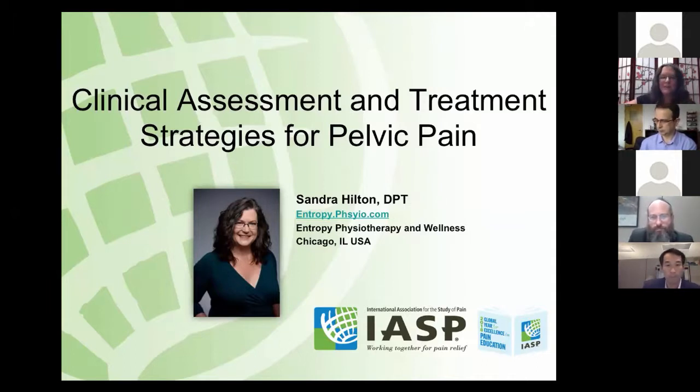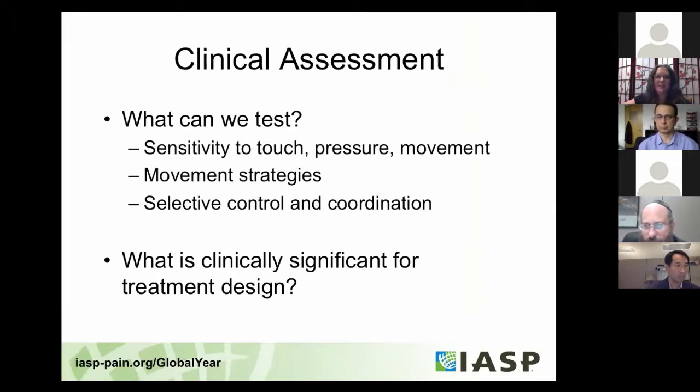I think that fits really well with IASP's education goal this year of getting the research into the clinicians' hands and ultimately changing the way that practice is done for the patients themselves that are in pain. That's what I hope to bring a little emphasis towards in this talk.